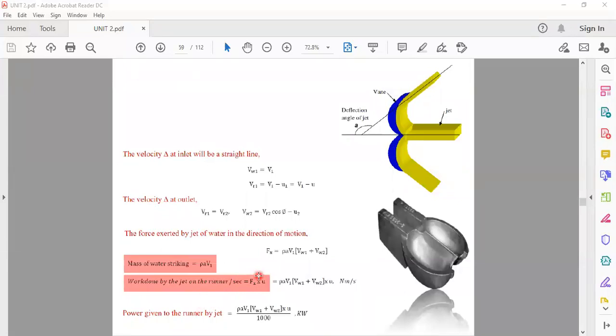We have calculated by impulse momentum principle force equal to rho a V1, VW1 plus VW2. Work done by jet on the runner per second is Fx into U. So rho a V1 into VW1 plus VW2 into U, newton meter per second. Power given to the runner by jet is rho a V1, VW1 plus VW2 into U upon 1000, the unit is kilowatt.